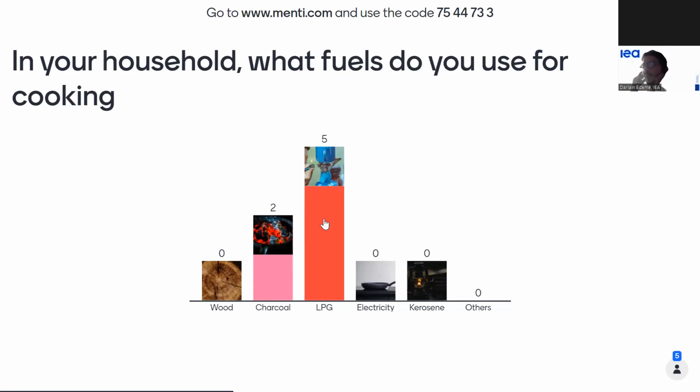Or is it also based on the price of both of these fuels, which may vary during the year, during the months, depending on the international and local markets? So feel free to give me insights on that. I'm definitely curious.